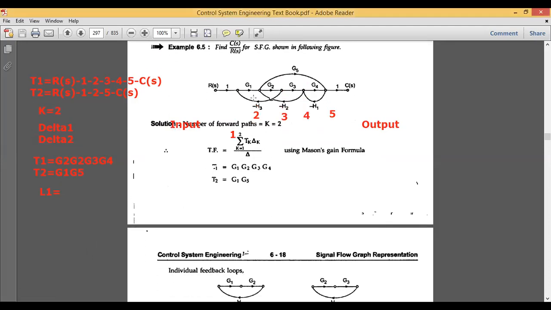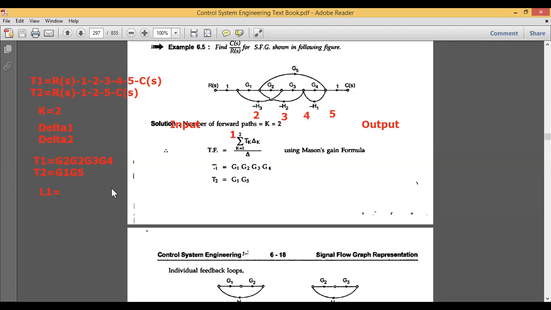Here we have the first loop, in this section you can see the small semicircle. The second loop is here, and the third loop is here. The upper one is not a loop, sorry, because the arrow mark is in the forward direction, so G5 we cannot take as a loop. Only these are loops: first loop, second loop and third loop.